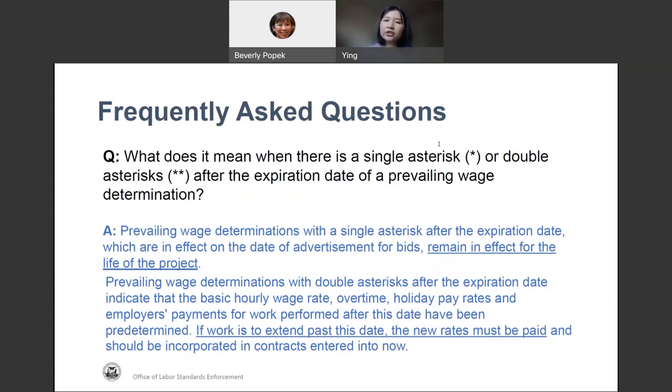Prevailing wage determinations with a double asterisk after the expiration date indicate that the basic hourly wage rate, overtime, holiday pay rate, and employer payments for work performed after this date have been determined. If work is to extend past this date, the new rate must be paid and should be incorporated in contracts entered into now. Next.